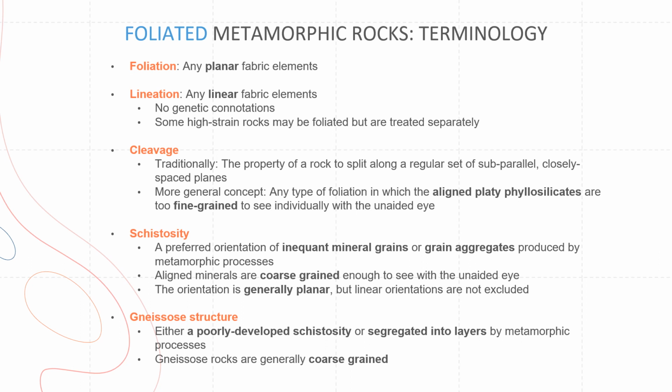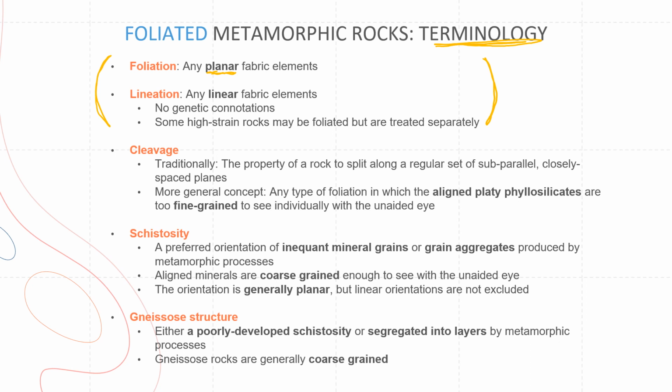Before we look at a few examples of foliated metamorphic rocks, let's first discuss the common terminology used to describe these rocks. First on our list, we have foliation and lineation. If you feel like you've heard these before, it's because we discussed it really briefly in part 1 of our lecture. Just to jog our memories, foliation refers to any planar fabric elements.